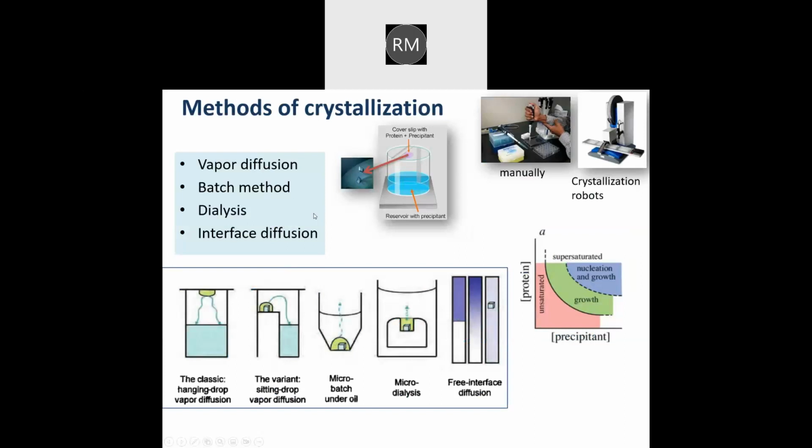In large quantity. For example, typically you require 10 to 100 milligrams of protein in a concentrated form. For example, 10 milligrams per ml to say 50 milligrams per ml, and you require these solutions at least 500 microliters or so. The different methods are the vapor diffusion method, batch method, dialysis method, and interface diffusion method. So what you do is you take some kind of well.